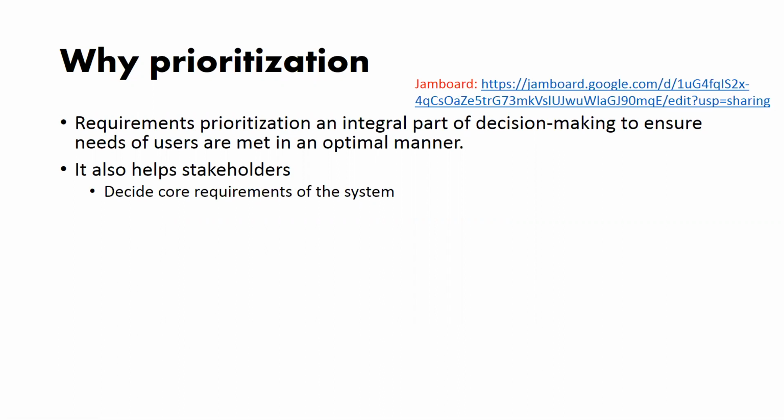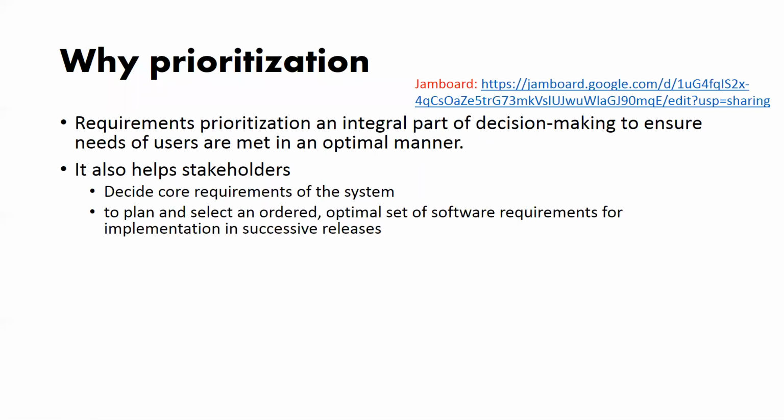It also helps the stakeholders to decide the core requirements of the system, which is nothing but the MVP which we wrote, to plan and select an ordered optimal set of software requirements for implementation in successive releases. It can be done in the same release, in the next 2 months, or it can take the next 6 months in a third release. It is possible, but this prioritization helps us to order the backlog of requirements.